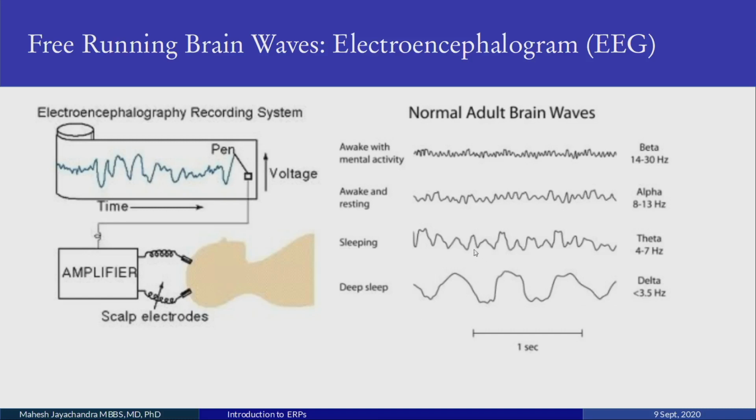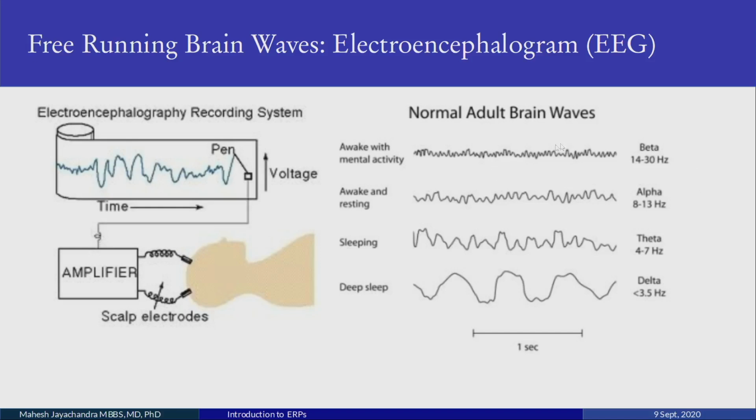When you're drowsy, a little sleepy, you get the theta band, which is 4 to 8 hertz. So the first one is the delta band, less than 4. Then the theta band, 4 to 8. Then you're awake but resting, and sometimes your eyes are closed. You get this typical alpha activity, 8 to 13 hertz, and that's recorded best on the occiput, on the back of the head.